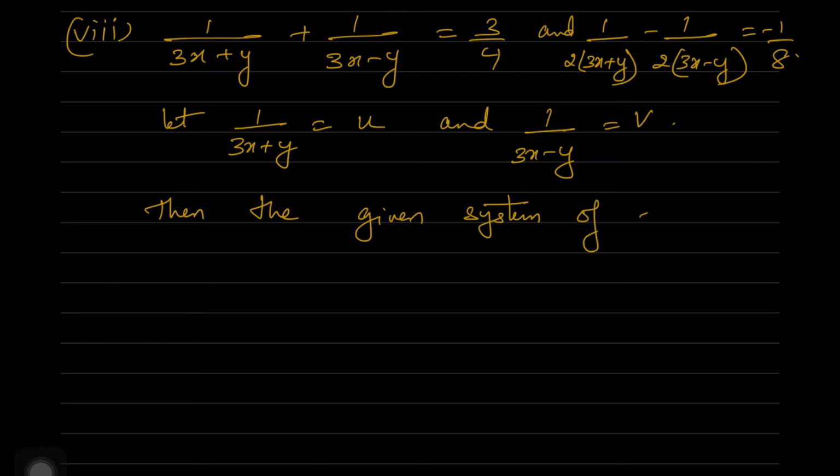Then the given system of linear equations becomes u plus v is equal to 3 by 4, and u by 2 minus v by 2 is equal to minus 1 by 8.